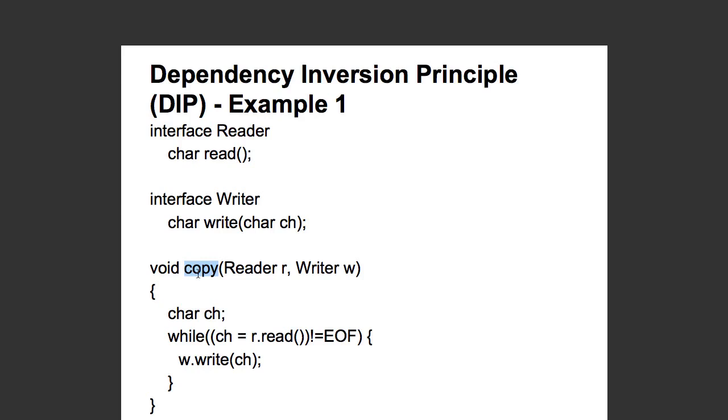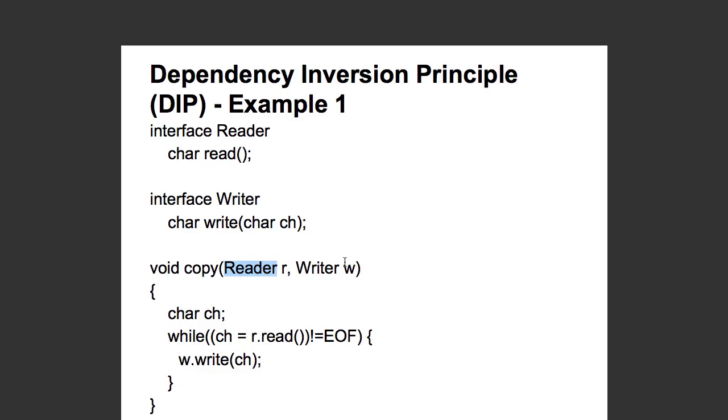The copy method would read from whatever reader is provided and write it to whatever writer is provided. So instead of instantiating the reader or the writer by itself, the copy method is saying, okay, these are dependencies for me. I'm not going to worry about them. You send me anything and I would make sure that whatever is got from the reader is sent out to the writer.